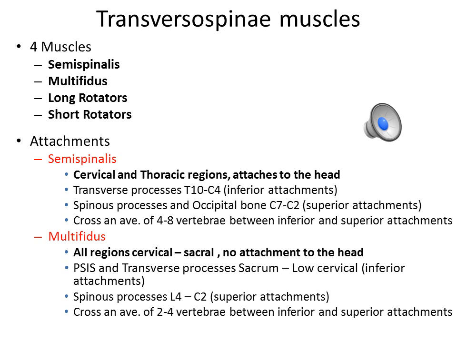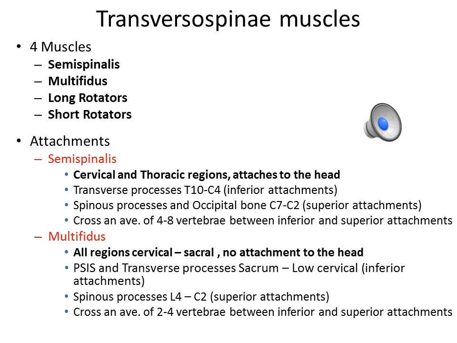As the name indicates, the transversospinae muscles will originate inferiorly at the transverse process and course medial superiorly to the spinous process, forming a roof. The roof, therefore, indicates that the movement that the transversospinae muscles will do will be rotation to the opposite side.